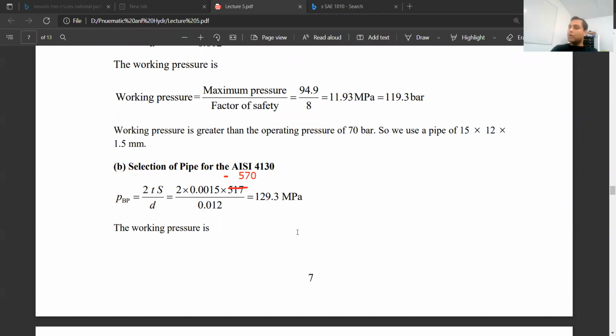And that will give you 142.5. So we got 142.5.